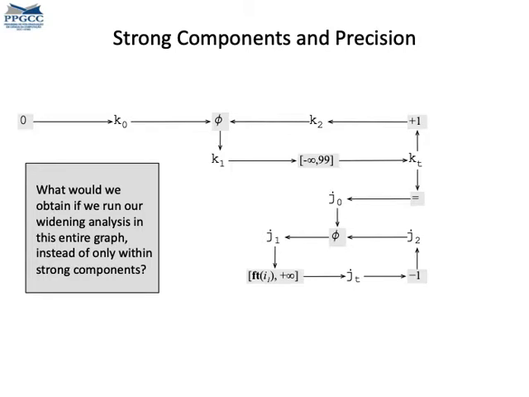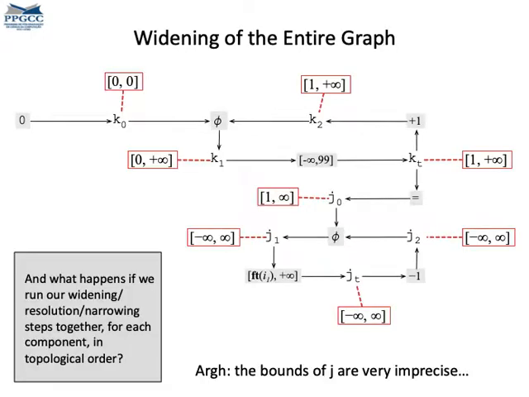One very interesting fact is that the strong components help to improve not only the running time but also the precision of our implementation. For instance, consider this constraint graph, which I took from our running example. If we applied growth analysis on the entire graph instead of on strong components one at a time, then we would end up with these intervals.